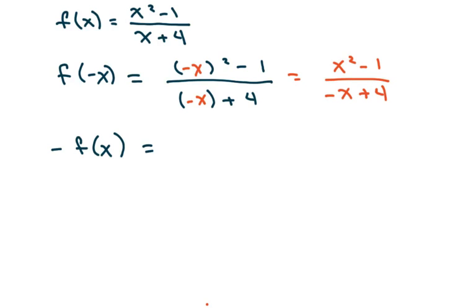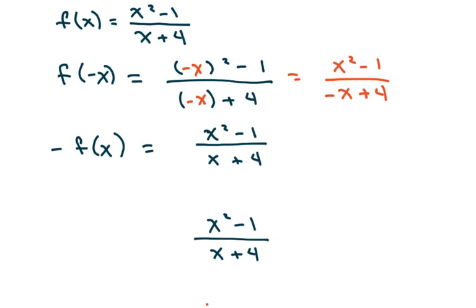The second one I'm going to do is negative f of x. I write it down, x squared minus 1 over x plus 4, and I'm going to do it again here. What we're going to do is negate this by multiplying by negative 1.